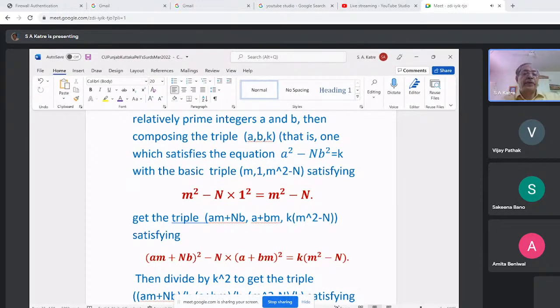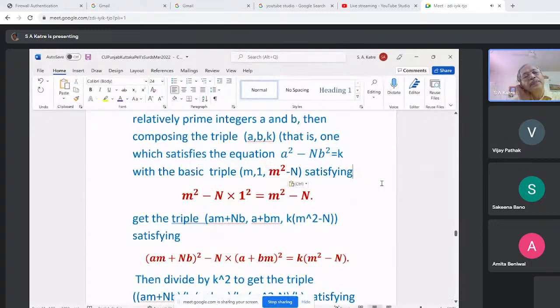That is our requirement. Now we have another triple, m, 1, and m square minus n. Okay, m square minus n.